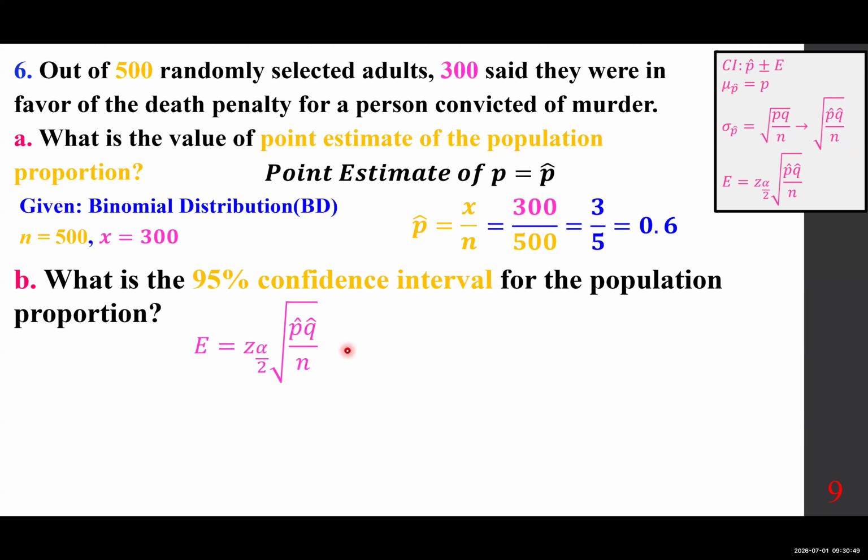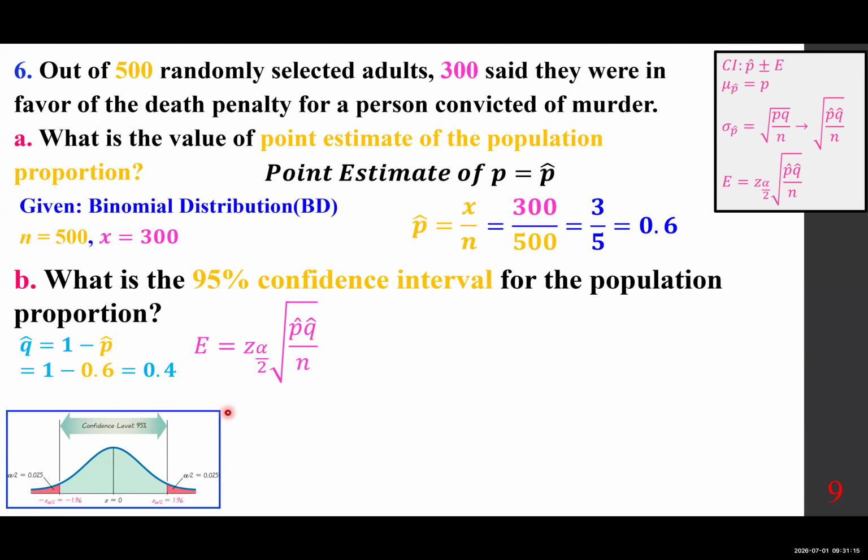So we have the p hat, obviously q hat is 1 minus that, which is 0.4. We have the n, 500, and we need to find the z. We find it from the 95% confidence interval. Q hat is 1 minus P hat, that's straightforward.